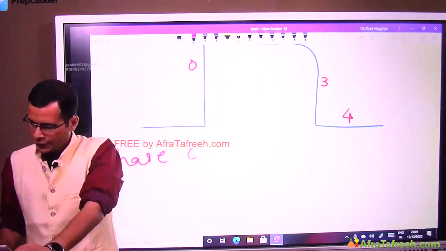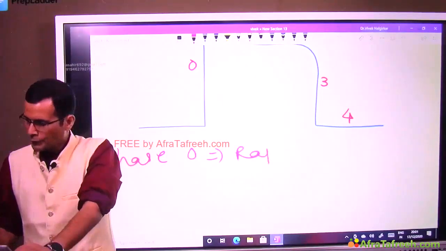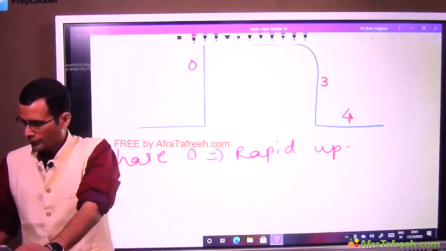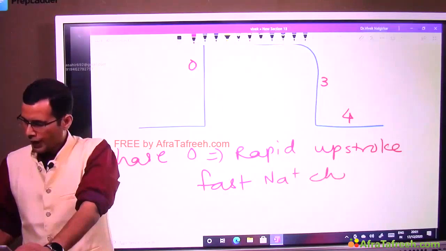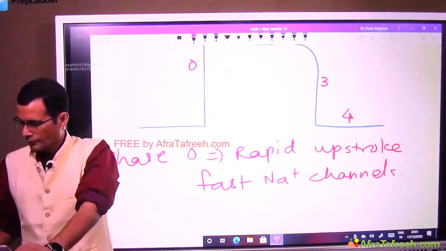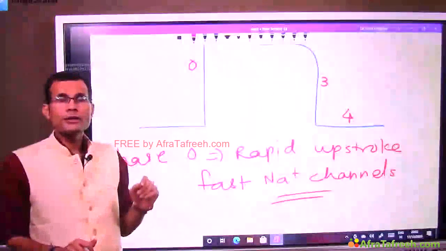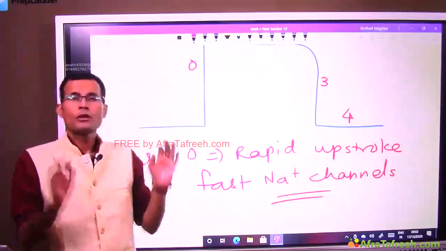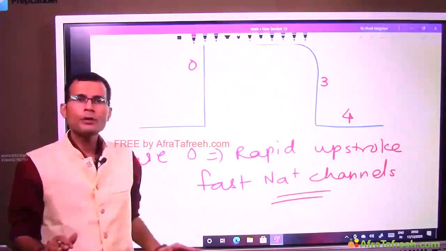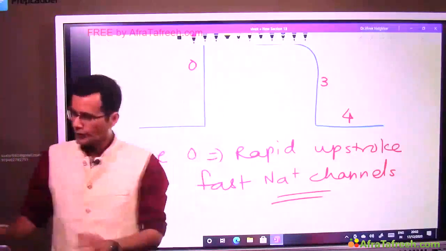Phase 0 is rapid upstroke. This is caused by fast sodium channels, tetrodotoxin sensitive fast sodium channels. So fast influx of sodium and a rapid depolarization will be seen.